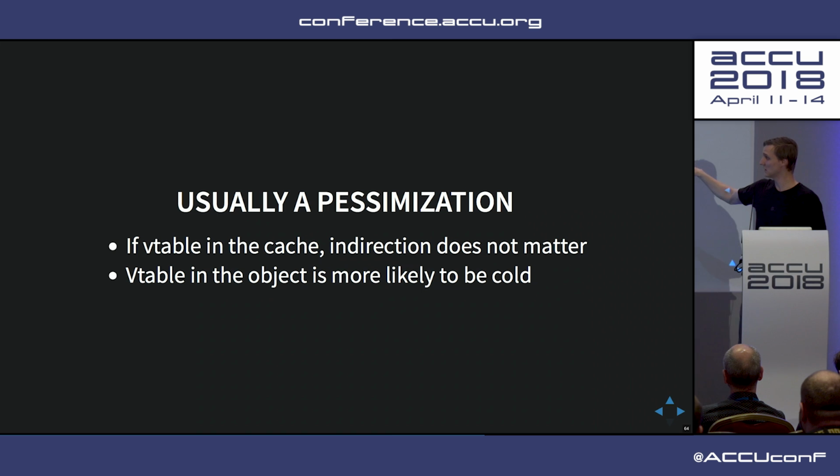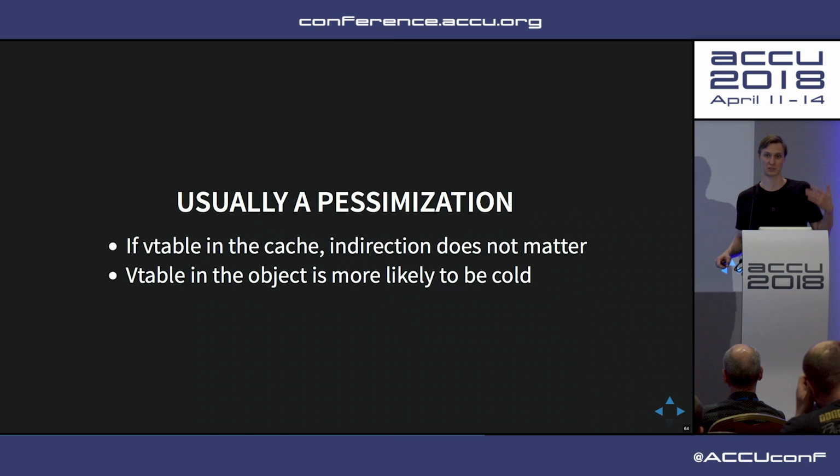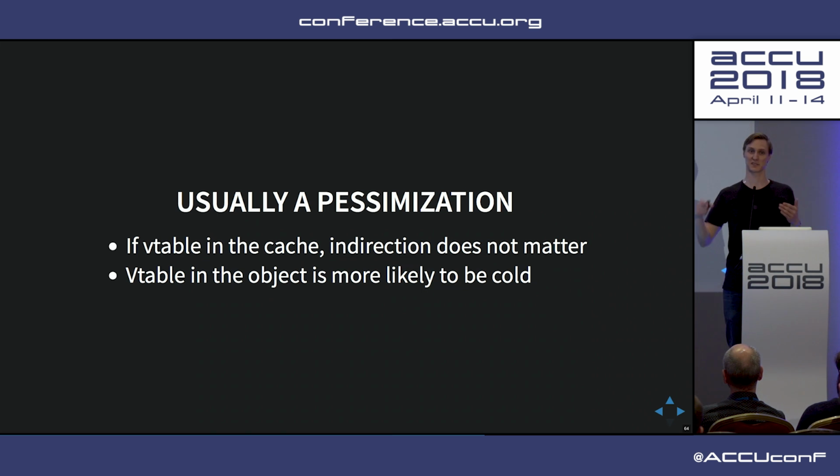Plus, if the vtable is in the object, and you have like 1 million objects, first of all, you're wasting a lot of space, but also each object might not be in the cache, which means your vtable accesses are going to be colder than they would be if you just stored pointers to something that's very hot. So usually it's a pessimization, a nice experiment, I guess, but no more than that.